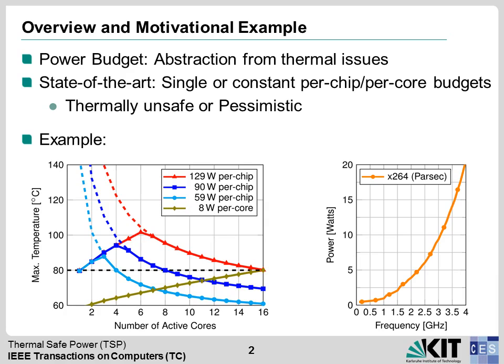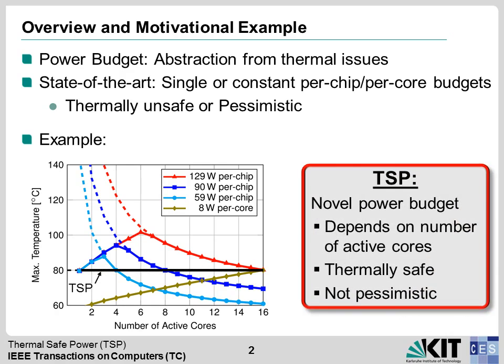A per core budget is not an exception, and although we have a different shape in the curve, we still present similar behavior.